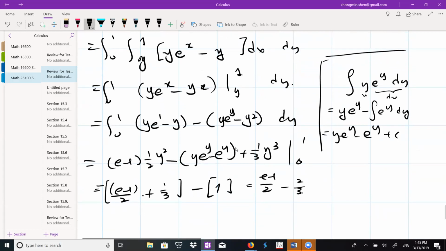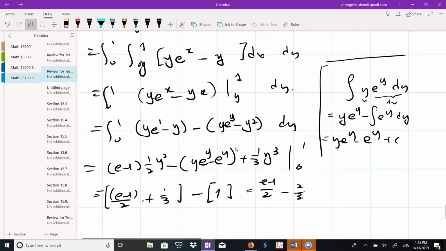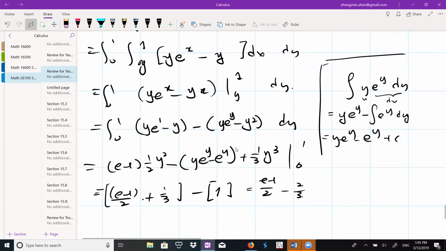Is it positive or negative? This should be a positive number, because e to the z over y, this function, is positive. Okay, double check, otherwise there may be mistakes. It's hard to check that, but we can do it like this. 3e minus 3 minus 4, it's minus 7.